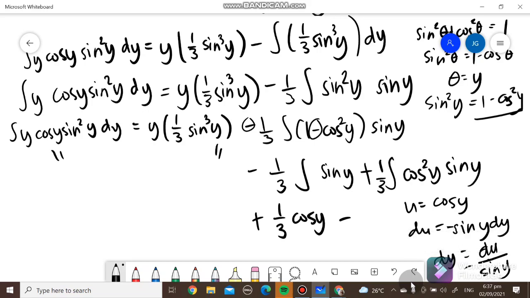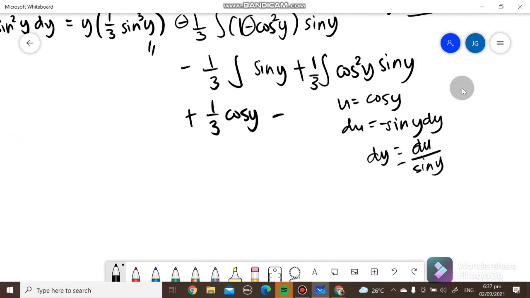So, we have 1/3 the integral of u squared sine y multiplied by du all over negative sine y.